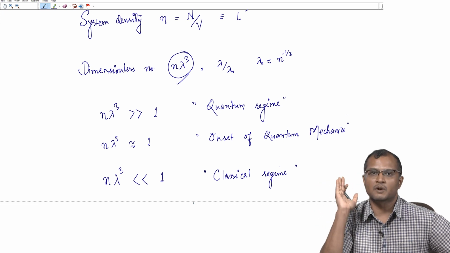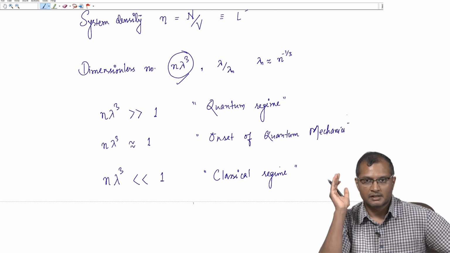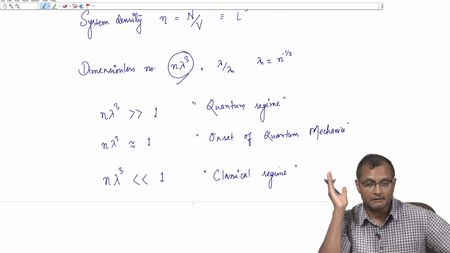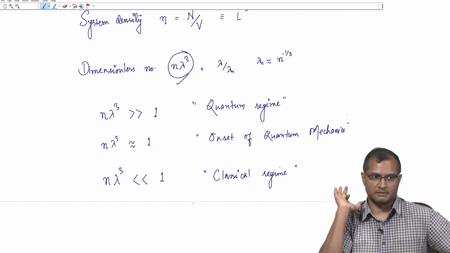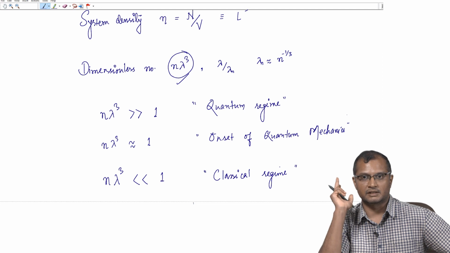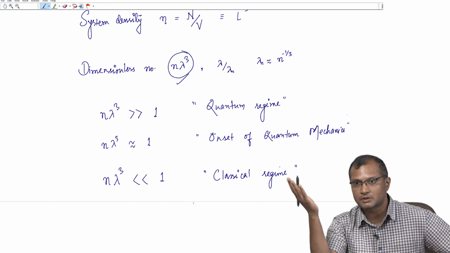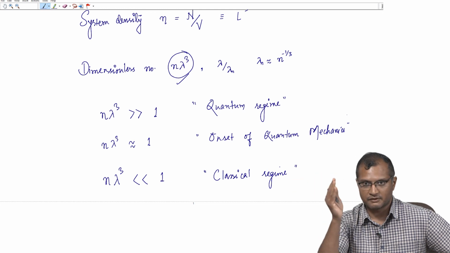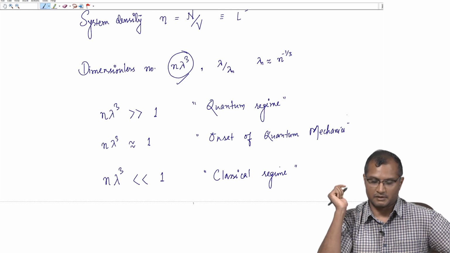You must invoke a quantum calculation. For electrons in a metal at room temperature, 300 Kelvin, you will very soon calculate that n lambda cube is much larger than 1. So, you must invoke a quantum calculation. Your Dulong-Petit law will fail miserably for the heat capacity of a metal due to electrons.